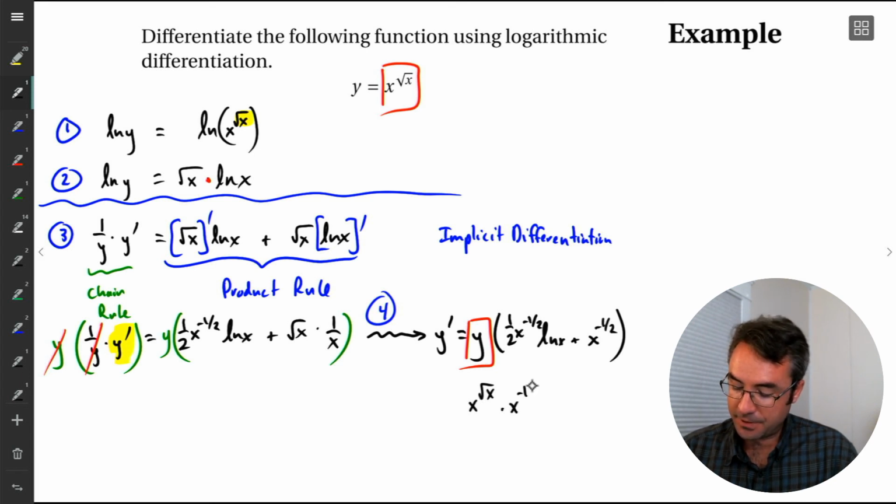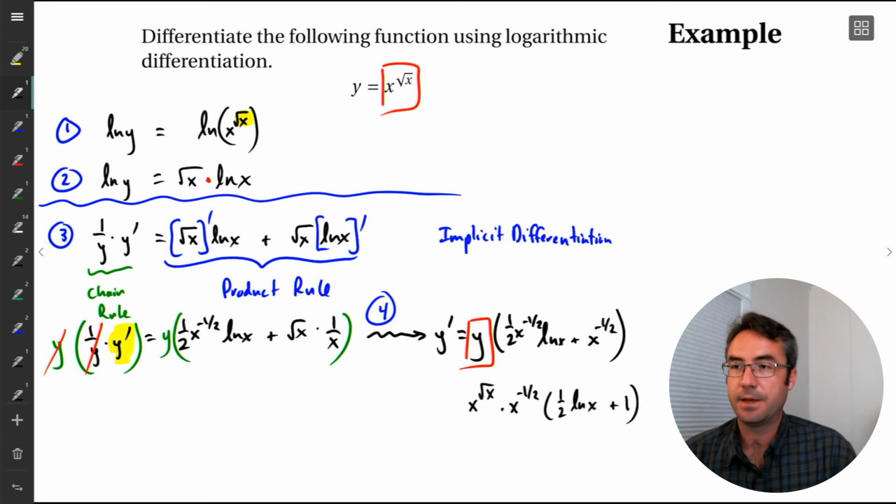So we could factor out an x raised to the negative 1/2. And then we get that. So we have x raised to the square root x. That's what we replaced our y with. And we factor out an x raised to the negative 1/2. Not necessary, but it's usually helpful if we're going to do anything later on. And then the leftover pieces, we're going to have a 1/2 natural log x plus 1. And that's a nice version for our derivative there.